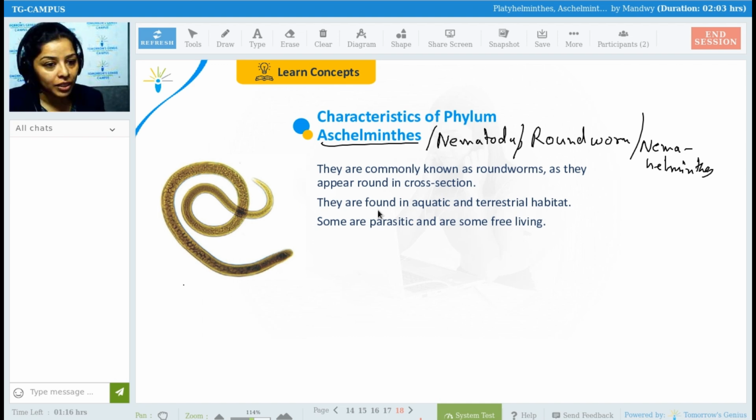That means some of the nematodes are aquatic and some are terrestrial. In terrestrial, humus-rich soil, right? In aquatic, some are freshwater, some are marine. Okay, even those who are not free living are parasitic in nature.